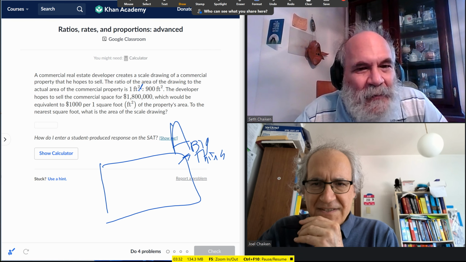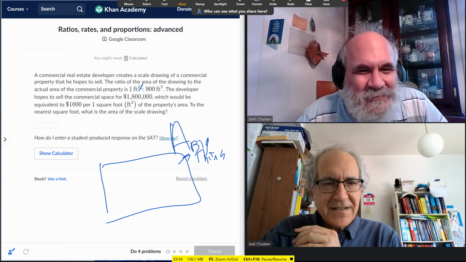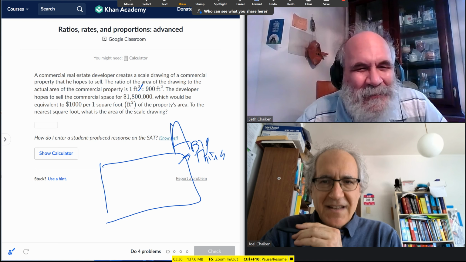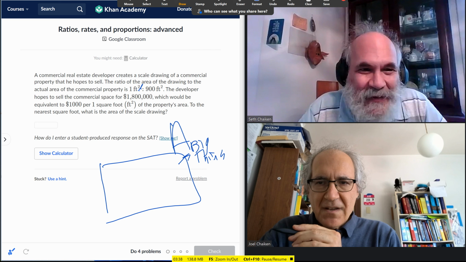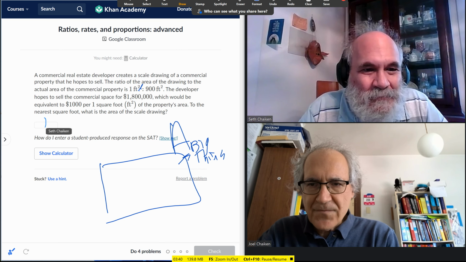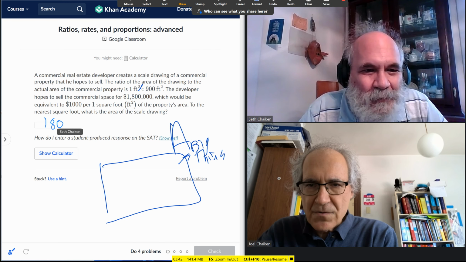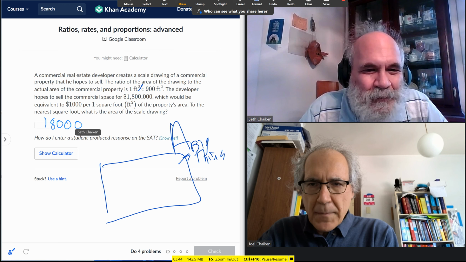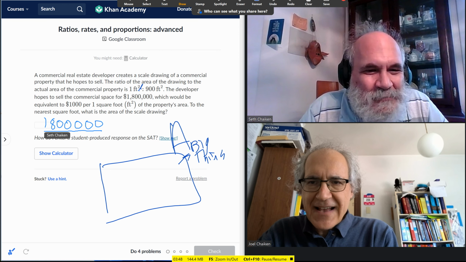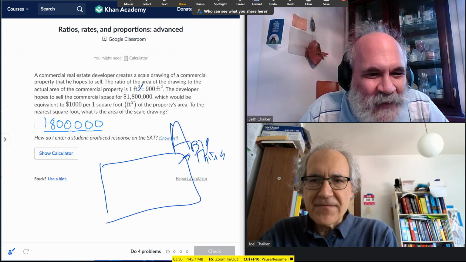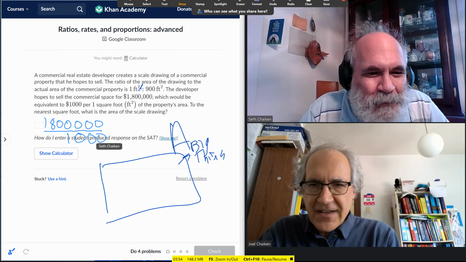Oh, wait, so that gives us the area of the big thing, doesn't it? Yeah, that gives us the area of the big thing. In other words, exactly, it's 1.8 million divided by 1,000, or the number of square feet of the big thing.